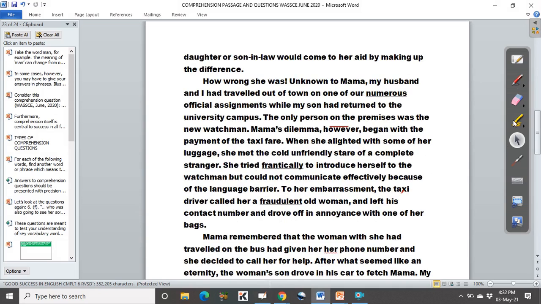You have to look at exactly how it is used in the passage before you arrive at the replacement. She tried frantically to introduce herself to the watchman, but could not communicate effectively because of the language barrier.